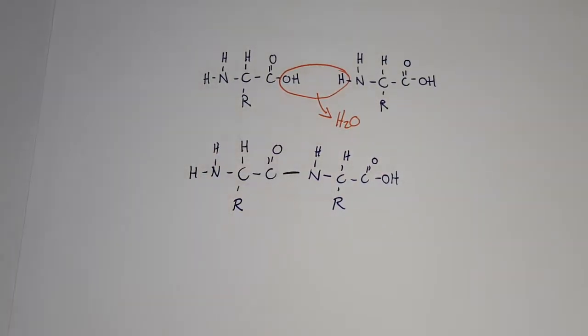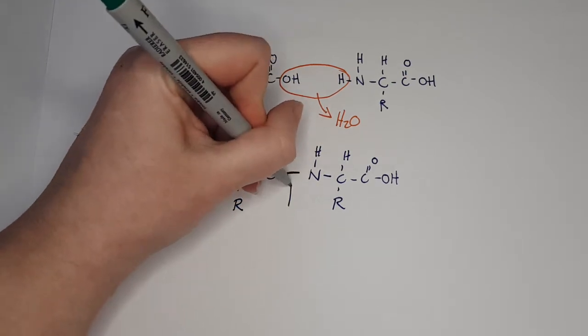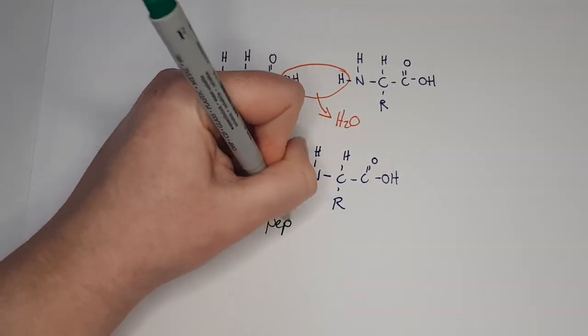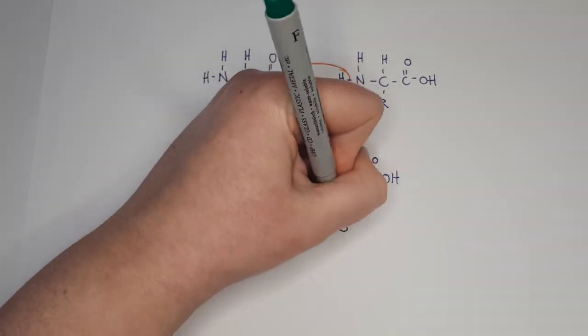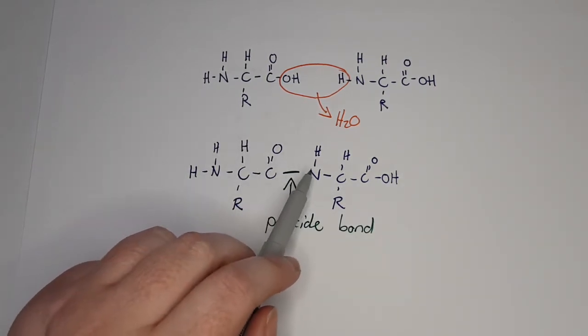So this bond that gets made between the C with the double bonded O and the N with the H, that bond we call a peptide bond. Between amino acids, you make a peptide bond between the carbon and the nitrogen.